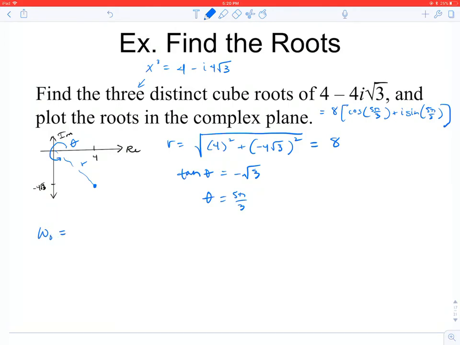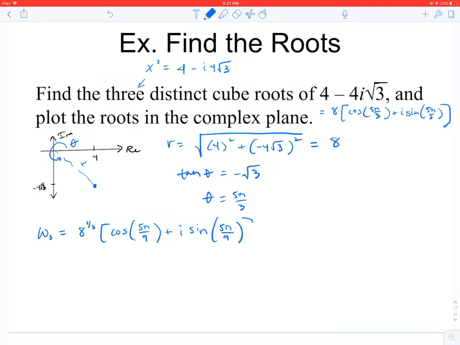So our first root, I'll use w sub 0. So that's going to be 8 to the 1/3, right? 8 to the 1 over n times cosine. It'll be 5 pi over 3 divided by n, which is 3, which is the same thing as multiplying 5 pi over 3 by 1/3.